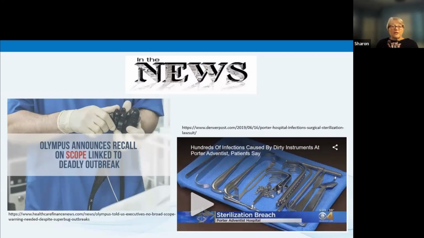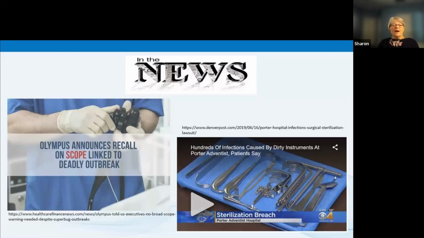Another example, in 2018, a hospital in Denver halted surgeries after the Joint Commission investigation found 129 instances of incomplete removal of gross surgical contamination over 13 months.